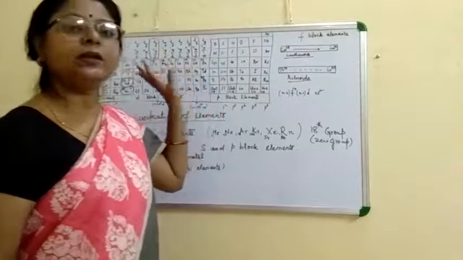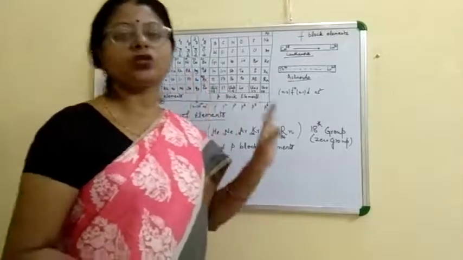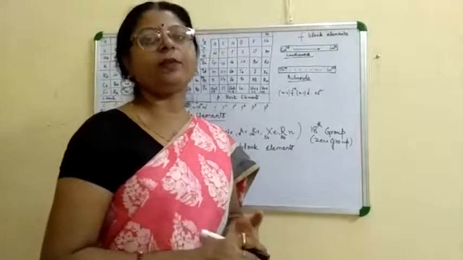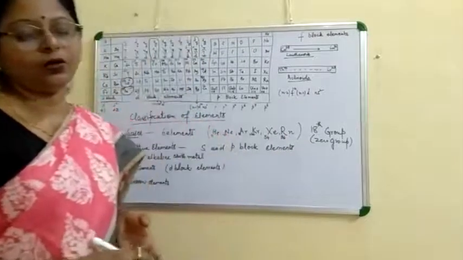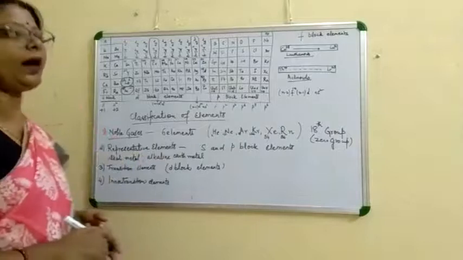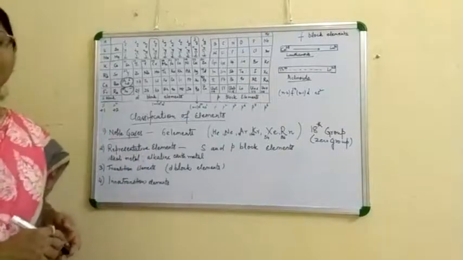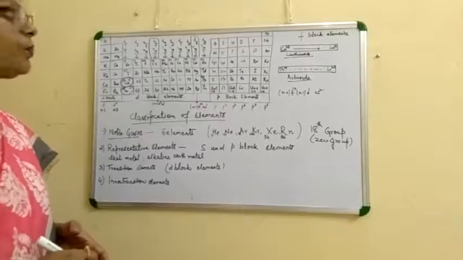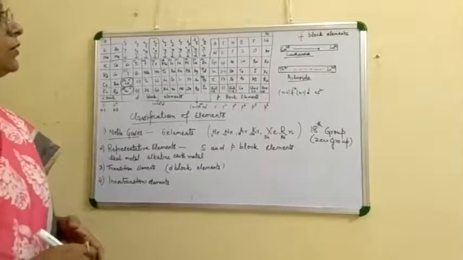Now representative elements also include p block elements. p block elements are mostly non-metals. A few metals and some metalloids are also present in this group.